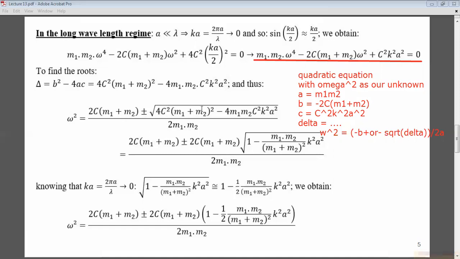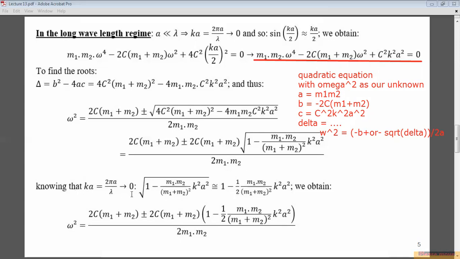Because here I have 4c square and here I have 4c squares, and here I have m1 plus m2 square. So I took outside 2c into m1 plus m2 square root of, what will remain here is only 1 minus m1 m2 over m1 plus m2 square, because I took it outside. So I have to divide by it here, K square A square divided by 2 m1 m2.